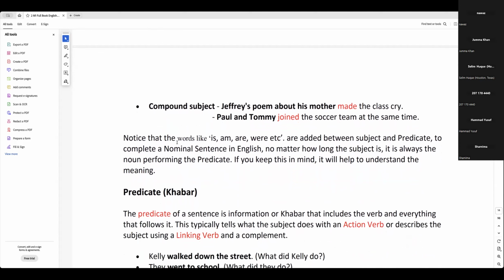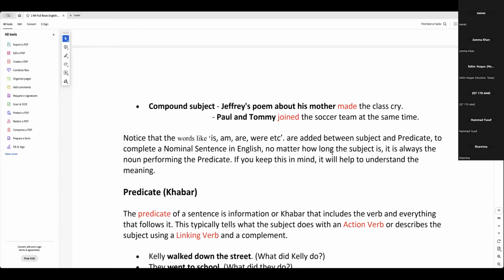Notice that words like is, am, are, were, etc. are added between subject and predicate to complete a nominal sentence in English.